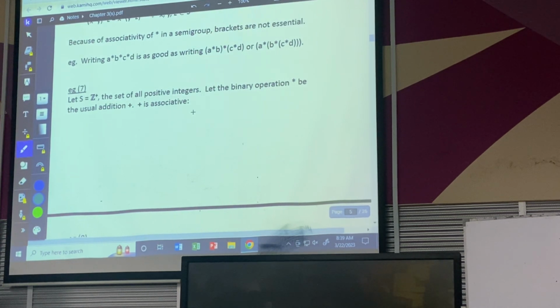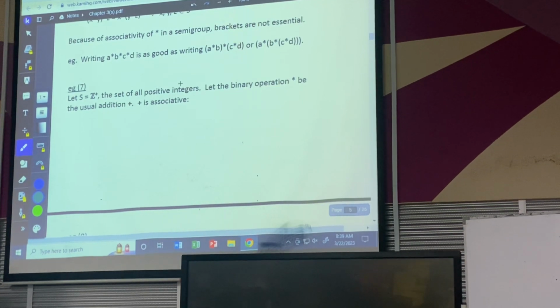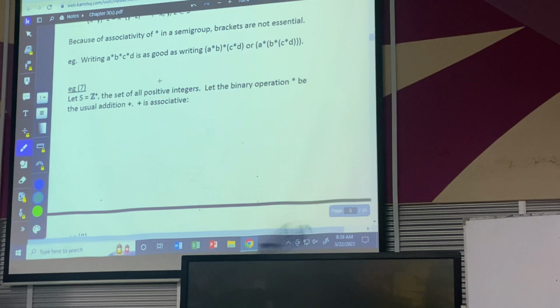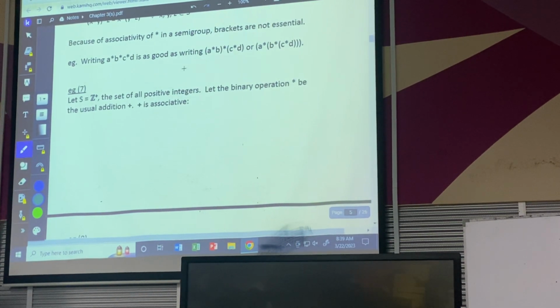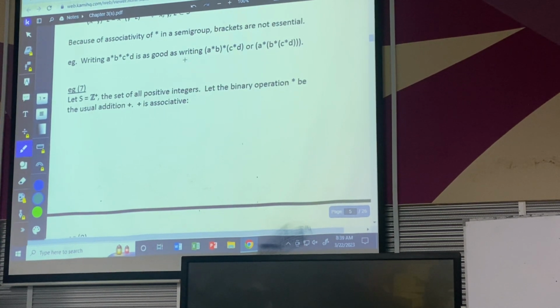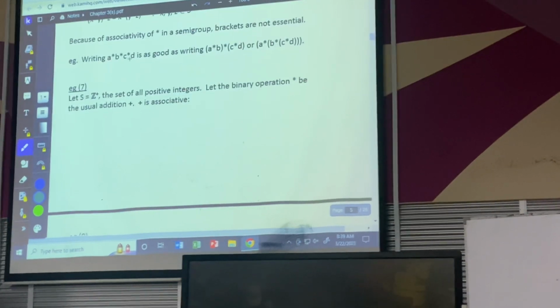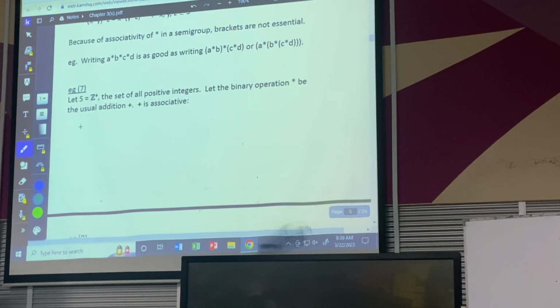So before you can say that it is a semigroup or not, what do you need to determine? The condition I said just now is the operator must be associative, right? So you must determine whether the plus here is associative or not.